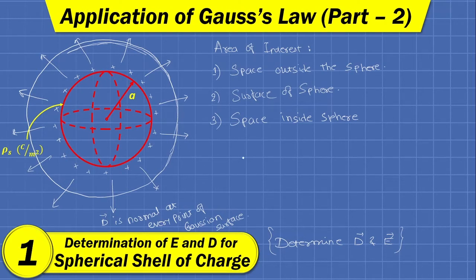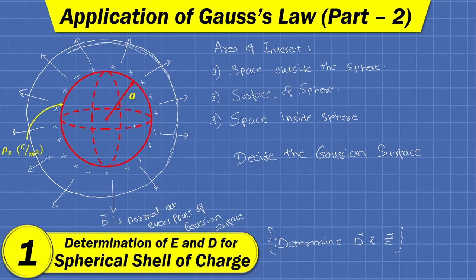Now once we have decided the Gaussian surface, the next thing was to decide the coordinate system. Here, the coordinates of any surface, either imaginary or real, are most convenient in the spherical coordinate system.